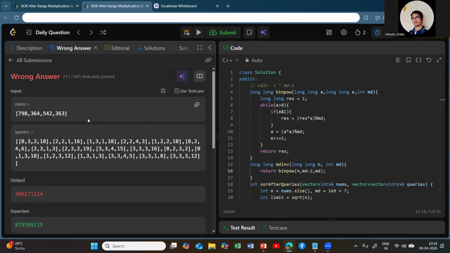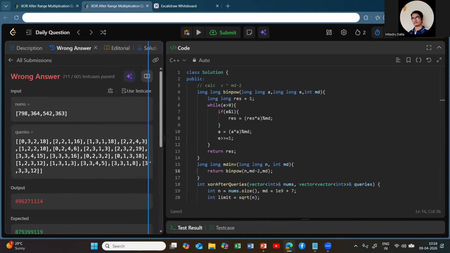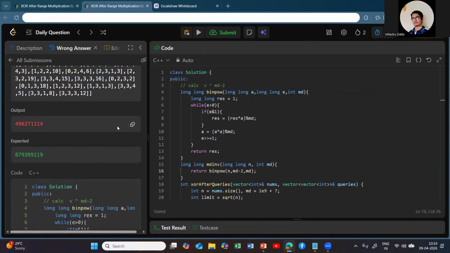Okay, so we are getting a wrong answer for a large test case. Probably somewhere we are missing a mod or something. Some issues are there, so we'll try to see in detail what the issue is. First I will check this function, and I hope it is pretty basic and pretty okay.